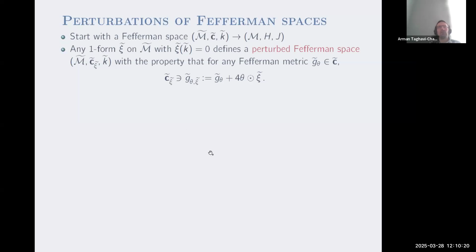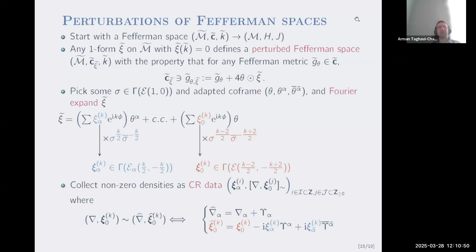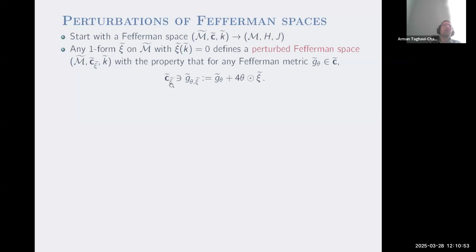So it's a semi-basic one-form. And if I take any Fefferman metric in the Fefferman conformal class, and adjoin to it this one-form in the following way. So this is the contact form of the Fefferman metric, and I take the symmetric tensor product with the xi tilde. Adjoining it to the Fefferman metric gives another metric. And of course, if you change the contact form, you get a conformal class. So you get a new conformal class that I denote C tilde, xi tilde.